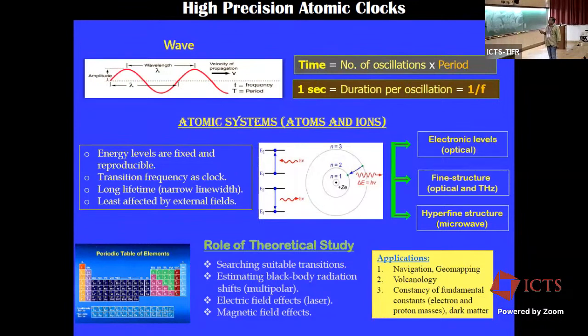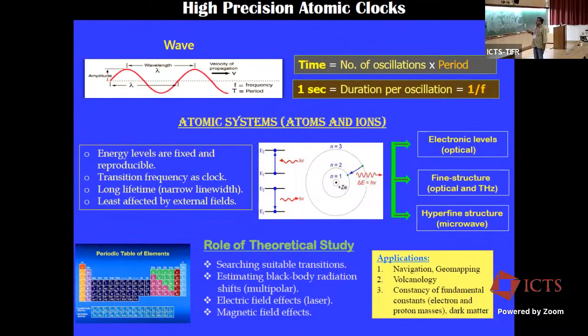Now from this definition, if I want to define the unit of time, that is 1 second, I can find the duration of an oscillation, how much time it has taken. That will give me 1 second, and that is just equal to 1 by frequency, right? Because they are conjugate to each other.